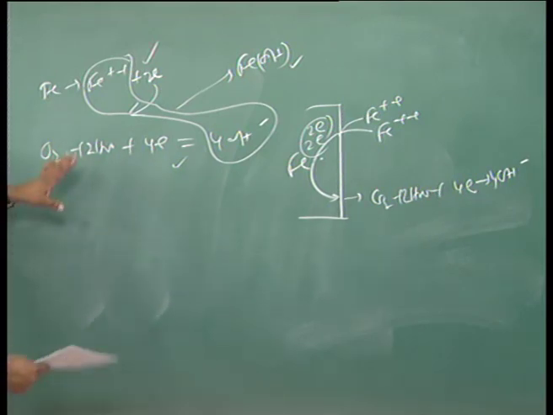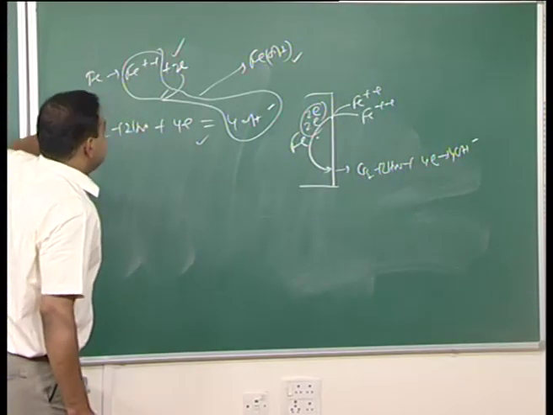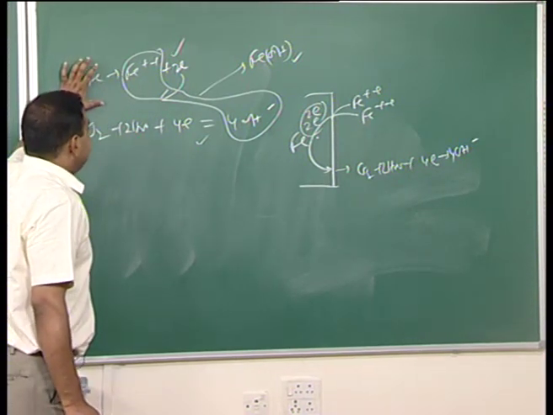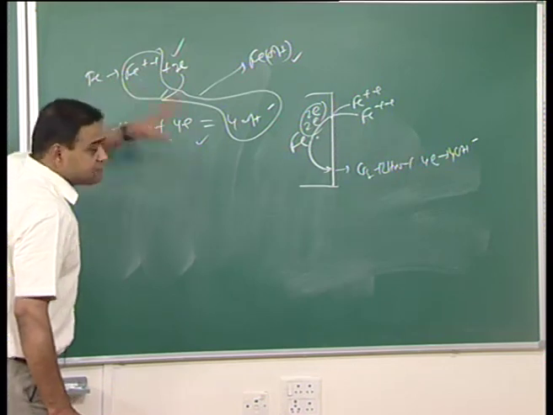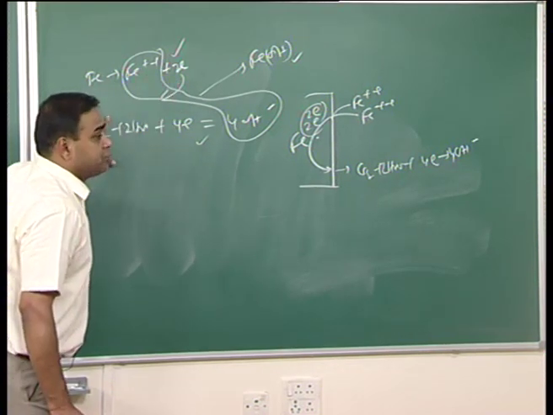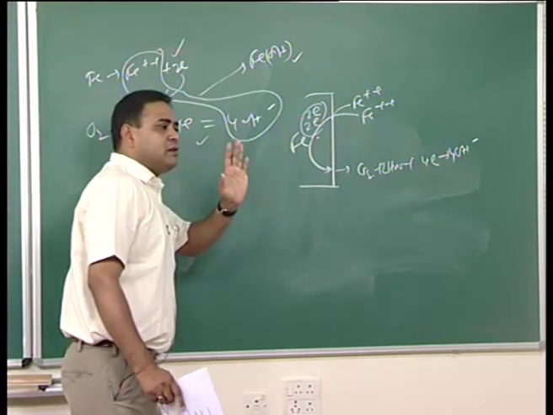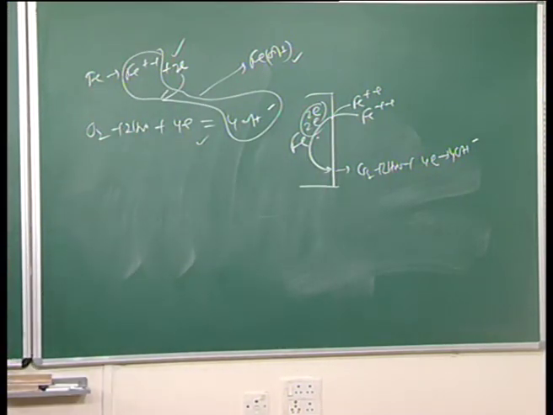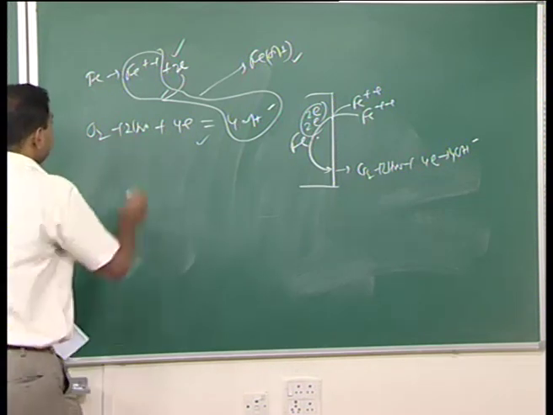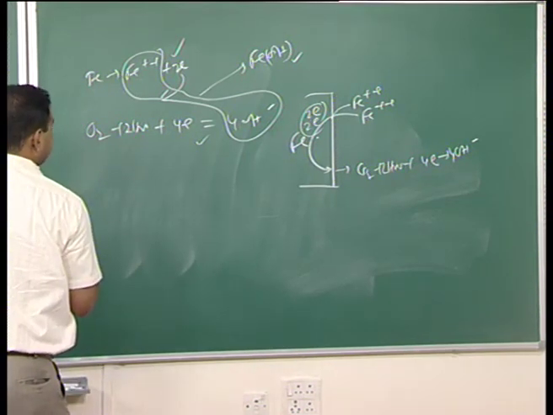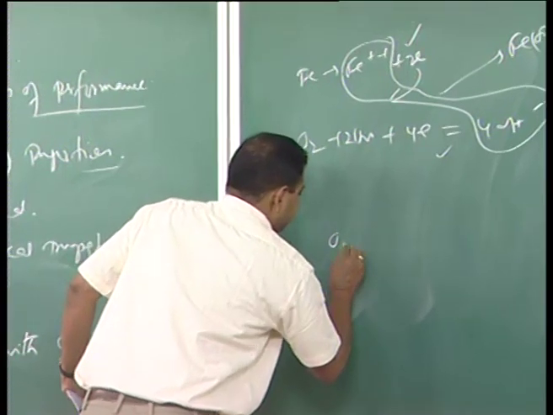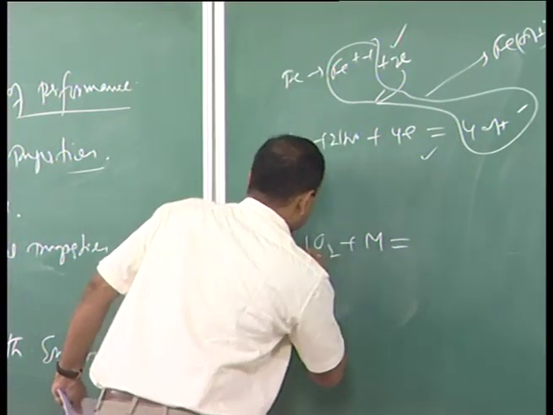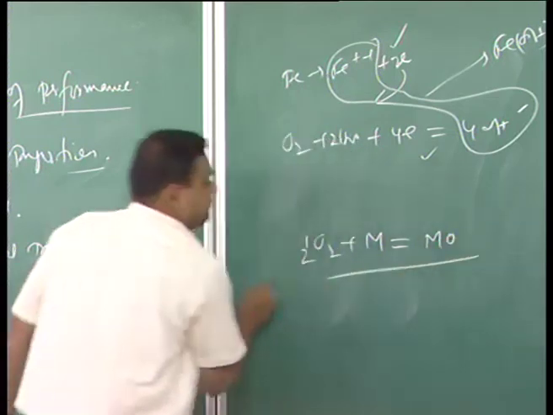Now that means any process which involves transfer of electrons, if somebody is leaving some electron, that electron should be consumed because the charge cannot remain as it is. There must be a charge balance. I also said in the last lecture that the oxidation reaction of M can also form MO.